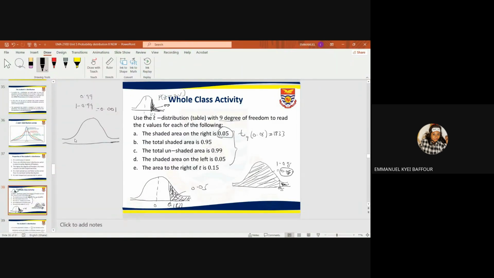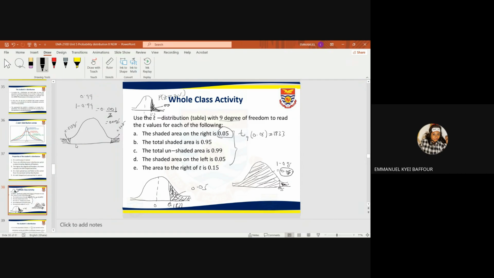If it is a two-tailed test, such that part of the right side has been shaded and part of the left side has been shaded, then each portion will represent 0.01 divided by 2. That is going to give us 0.005. So this shaded will be 0.005, and this will be 0.005.